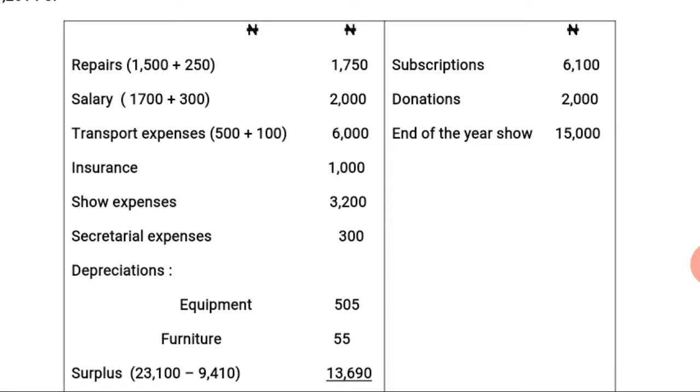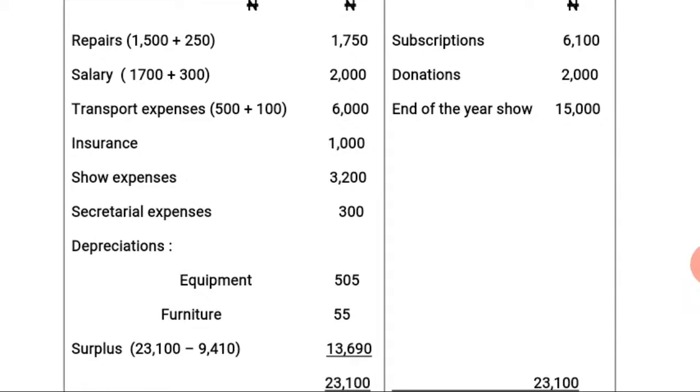So on the credit side, we have the subscription of 6,100 naira, which was due for the year 2014 as calculated from the subscription account. We have donations from people for the club, 2,000 naira.